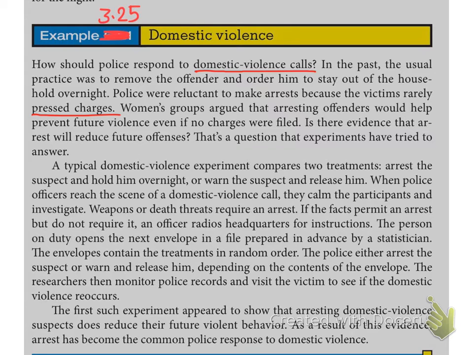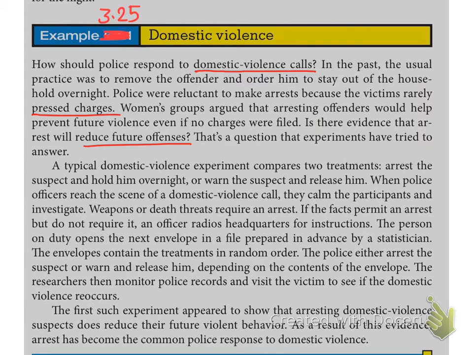So there is no arrest in that case. If there is no arrest, the same kind of behavior from the offender may happen again and reoccur in future. So the researchers thought about what they should do so that this chain of offenses by the offender should stop.